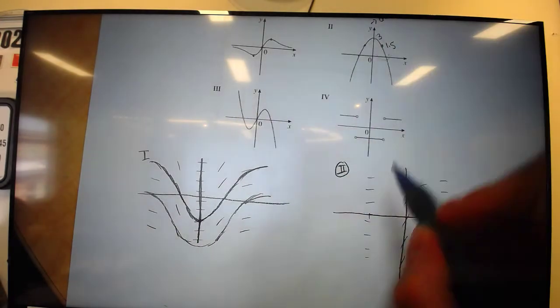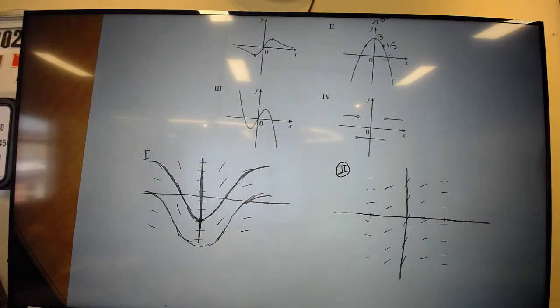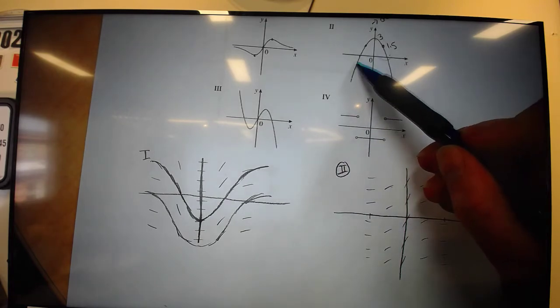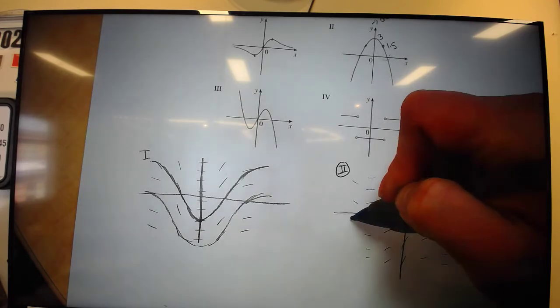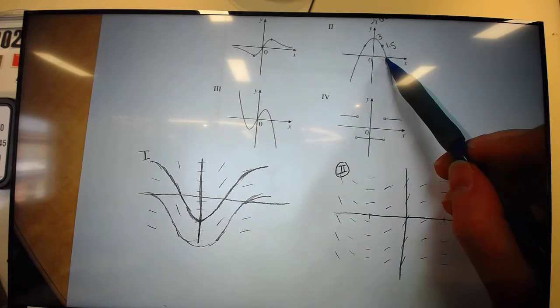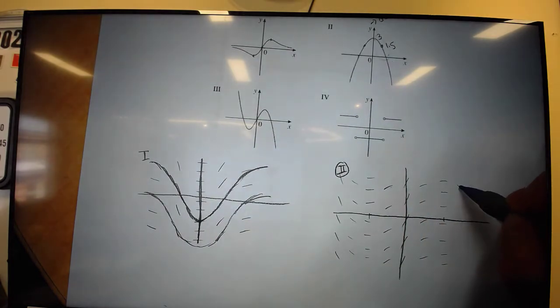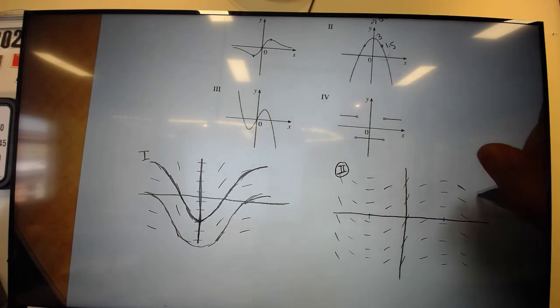Same with over here, more mellow positive slope again. Then over here, it just keeps getting more and more negative. So I'm going to go mellow, steep, and then again, mellow, steep.